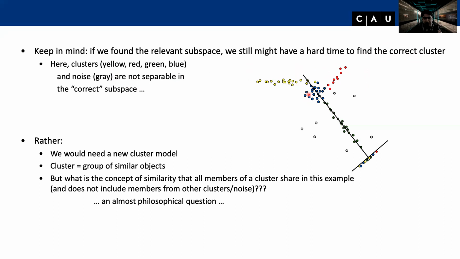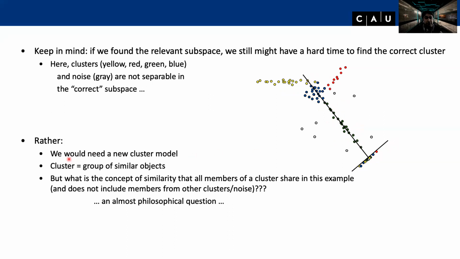Blue was the normal from this metabolite data set, and gray are the noise objects, which are not separable in the correct subspace. So if we say this is the one correct subspace, you project them down here, they are not separable here, and here also not, as you remember. So this, again as a recap, would be the clustering subspace, and this is the correlation subspace.